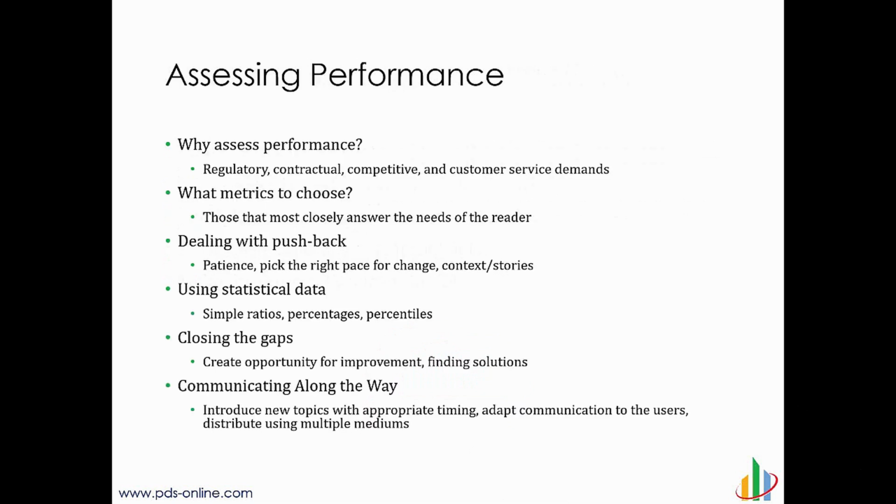As we think today about some of the data that we've presented and some of the ideas, we come back to assessing performance, and especially in this era of trying to reduce the total cost of care, it really comes back to looking at which metrics we need to select and making sure that we're using them correctly.